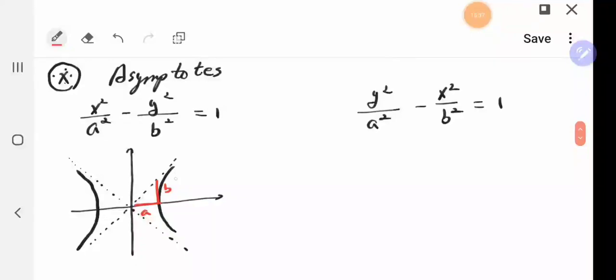Since we know a and b, the slope is b over a.